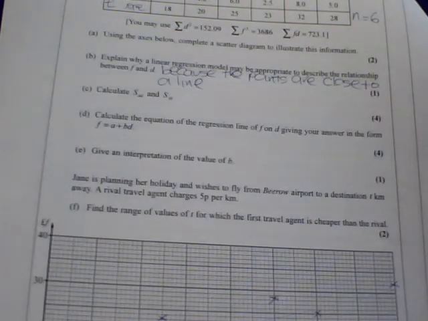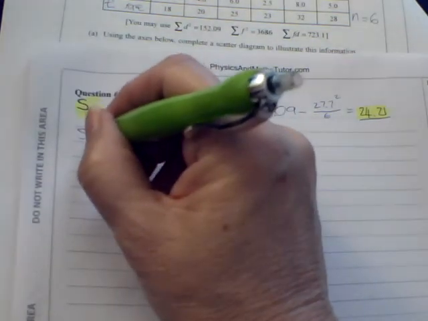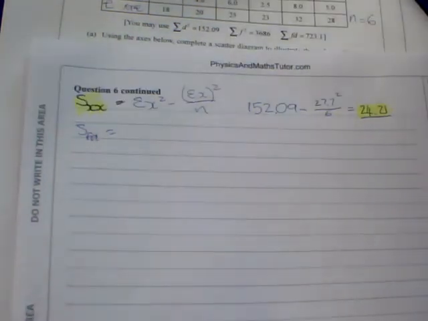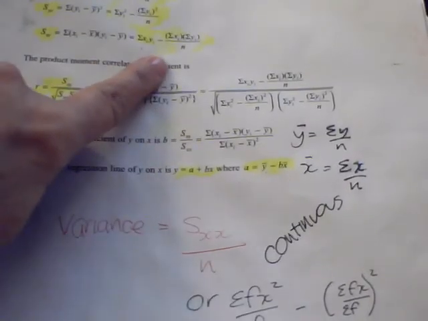And also S of FD. S of FD equals, right, so from your formula tables again, here we go, it's this one here.